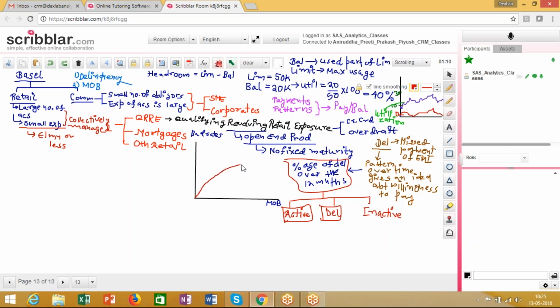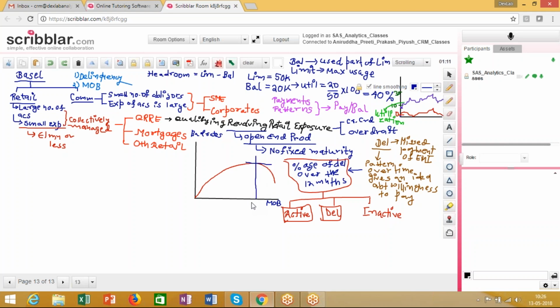And after a point of time, it stabilizes and then the bad rates tend to fall. So the point where this inflection is reached and the bad rate starts falling.